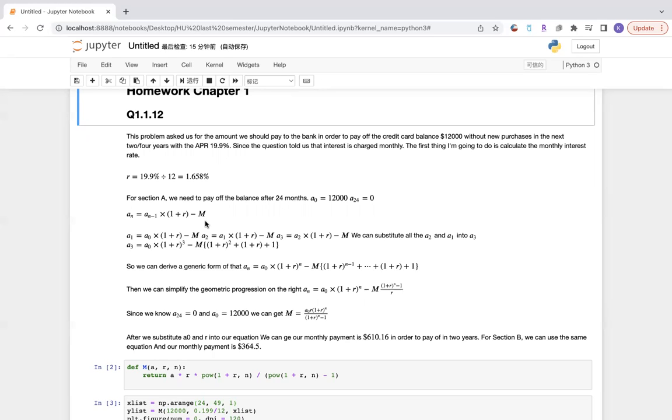We can do the first 3 months, A1, A2, and A3. Then we substitute A2 and A1 into A3. So A3 equals A0, the initial amount, times the interest rate to the power of 3, minus the monthly payment times (1 plus interest rate squared, plus 1 plus interest rate, plus 1).